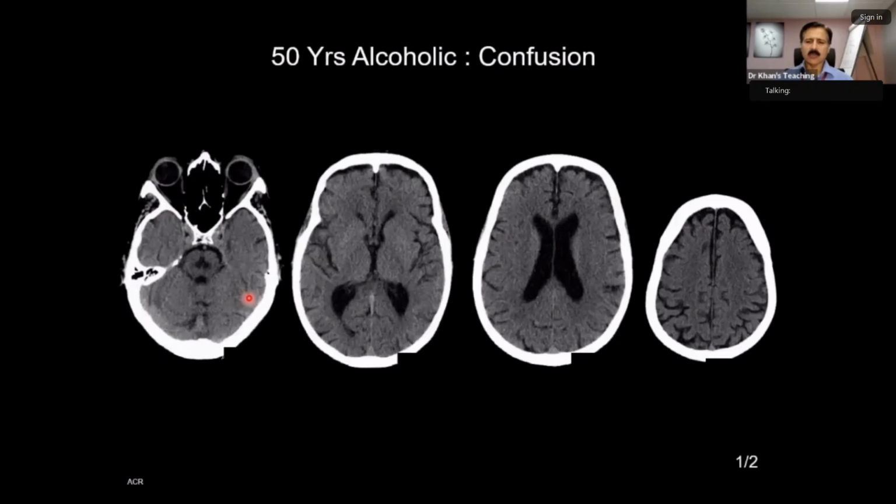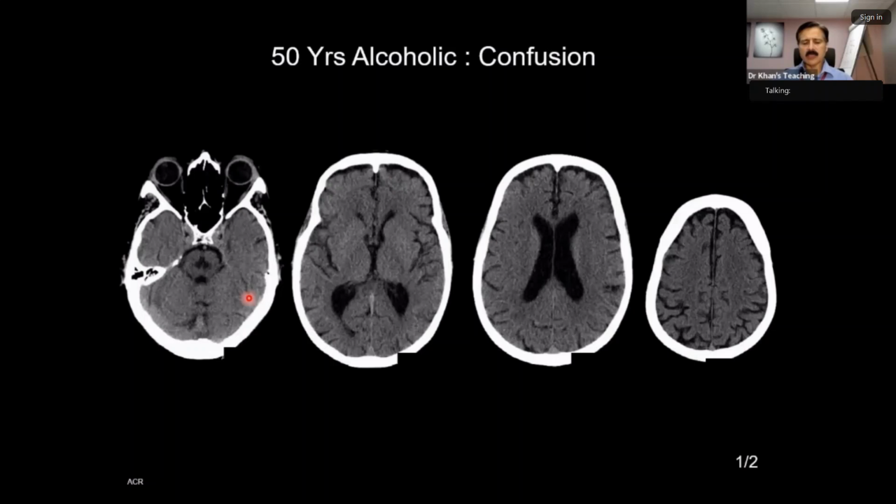But if you do it, there can be demyelination in the pons, and you call it central pontine demyelination. It can be a very severe condition, with mortality and morbidity.